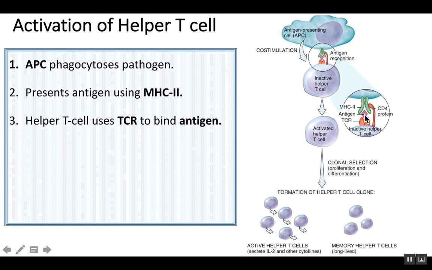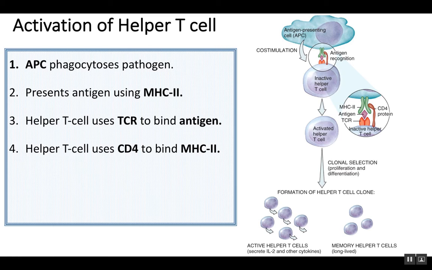The second thing it has to do is use its CD4 receptor to bind to MHC2. So think about what this is. T cell receptor to antigen tells the helper that there's an antigen there. CD4 to MHC2 tells the helper that that's one of our guys, that's one of our APCs.